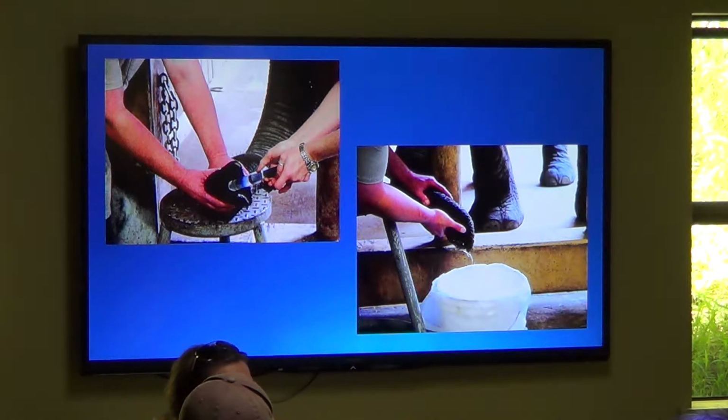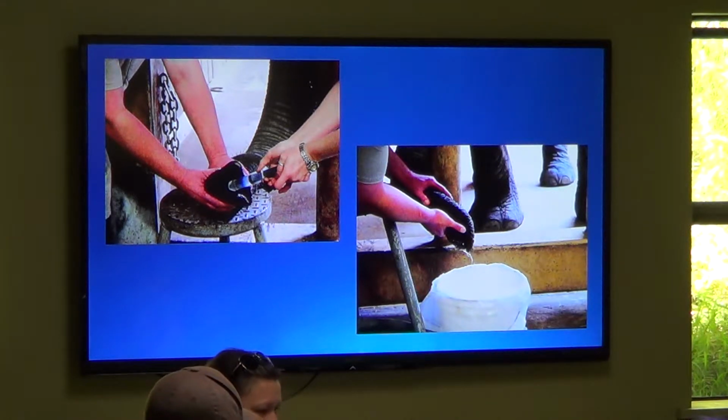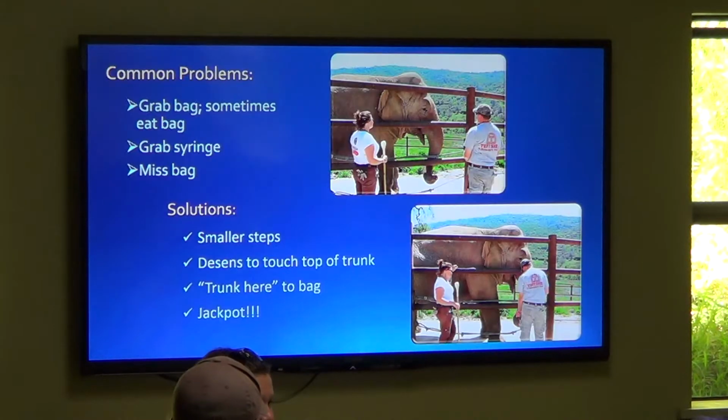So again, these aren't necessarily things that you might be doing because you're not working with elephants, but think of how, if you're encountering a problem with your shaping plan, can you manipulate the position of the animal to get them in a position where they can be more successful, have a better chance of doing what you're asking them to do. That's really the critical part there.